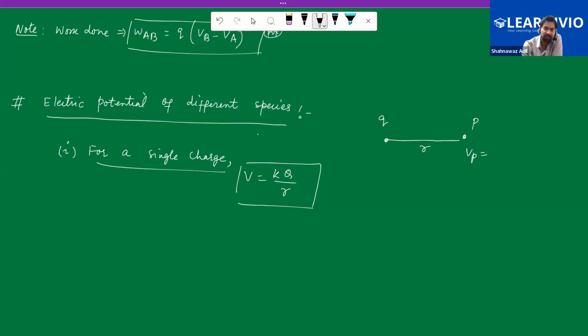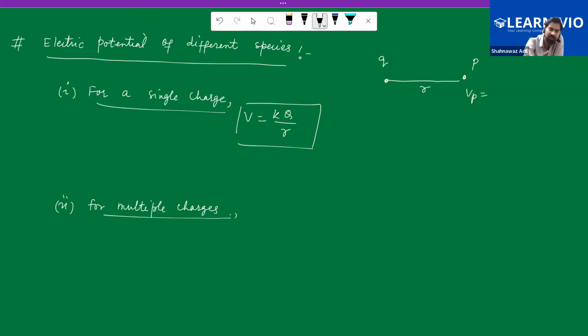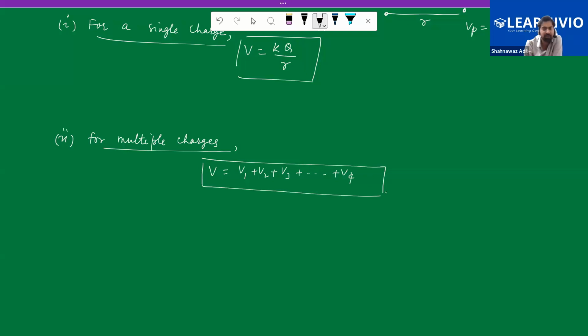And what is the electric potential for multiple charges? For multiple charges, the total potential is the sum of the individual potentials, right? So this is the electric potential.